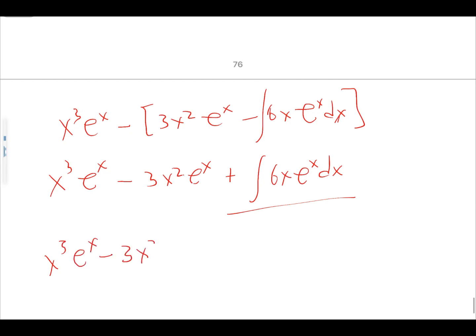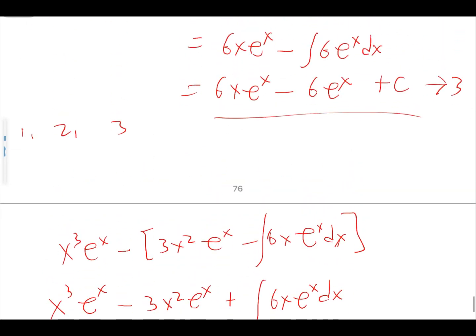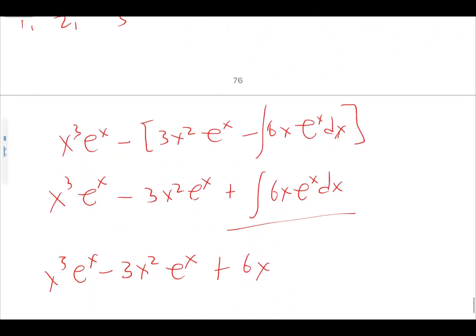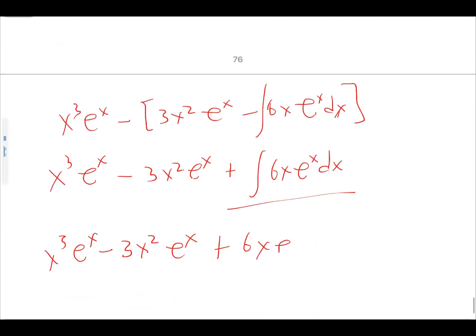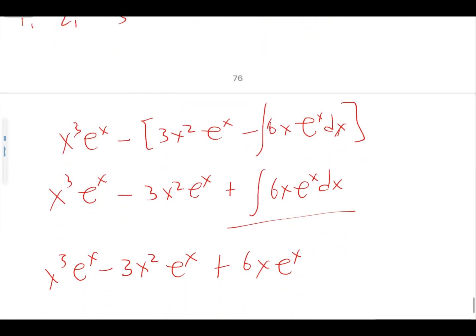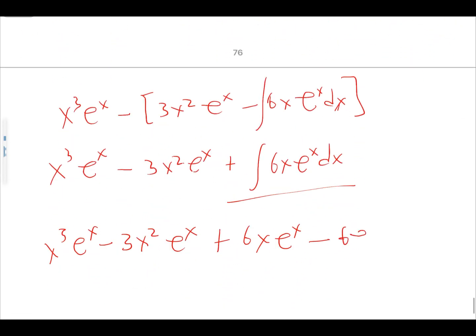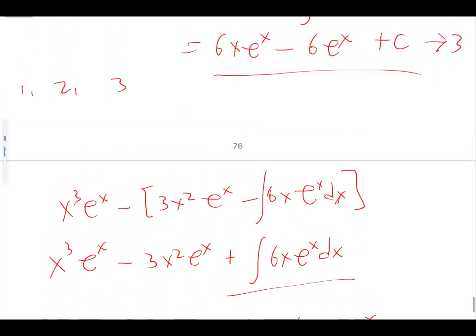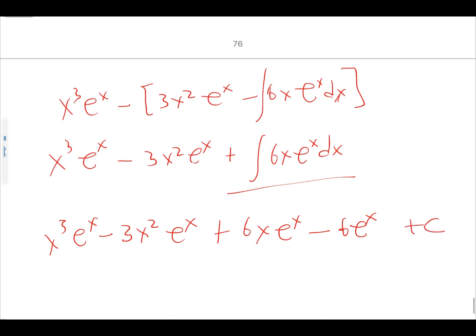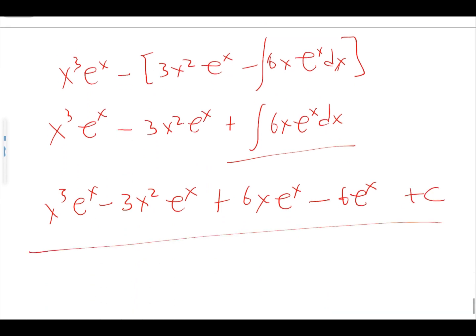So now we are going to get x^3 e^x minus 3x squared e^x plus 6x e^x minus 6 e^x, and then plus our c. So this is the result of whatever we are getting after combining all the three functions.